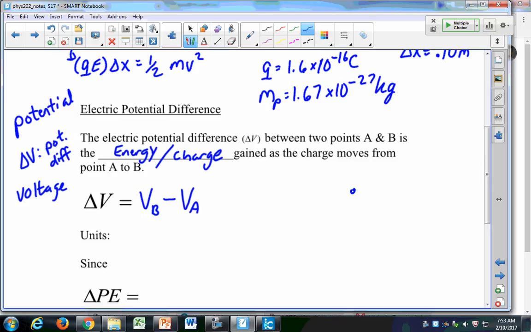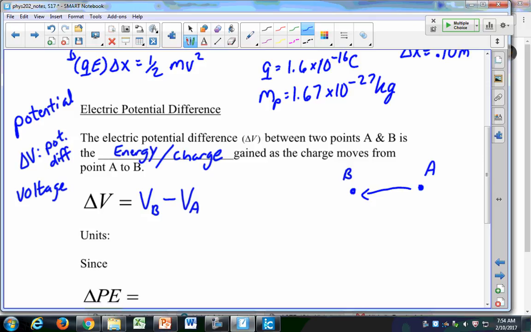So if I have 2 points, say point A and point B, and I have a charge that's moving from one point to another, it's just the difference in the potential here subtracted from here. We'll get more into what potential means later, but this delta V is just the difference in the potential.